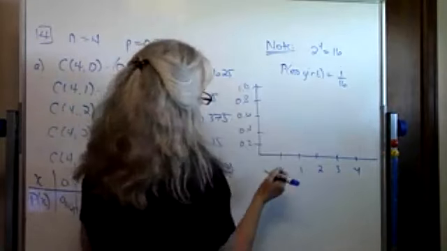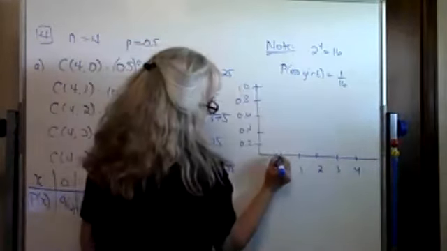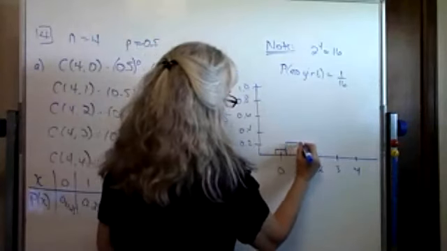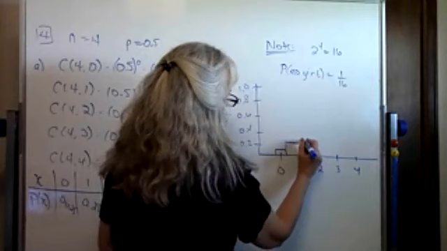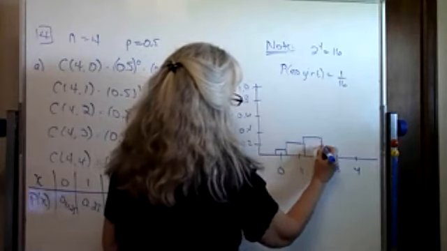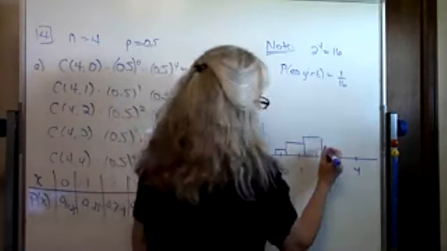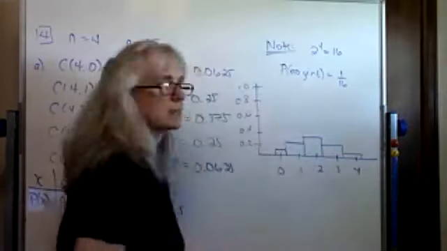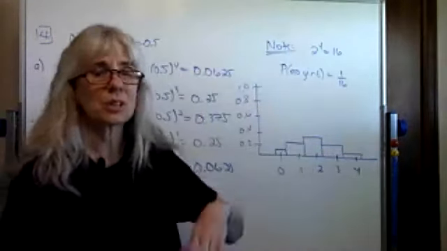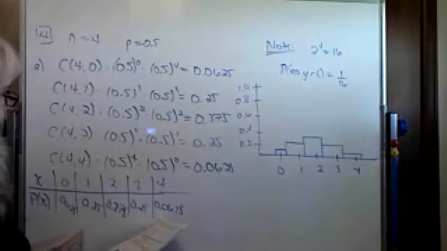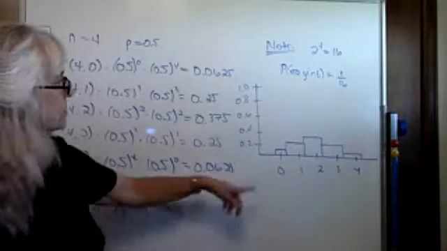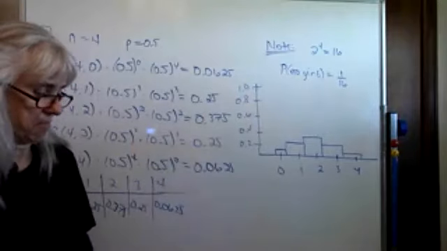Our first one at 0.0625 is pretty tiny down here. The 1 girl is 0.25, a little bit taller. 0.375 for the 2 girls, and then it comes back down. We can see that it's a very symmetric distribution, and you can see that from the numbers themselves, right? Okay, and there's the histogram associated with this experiment.